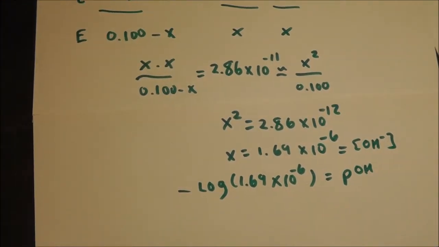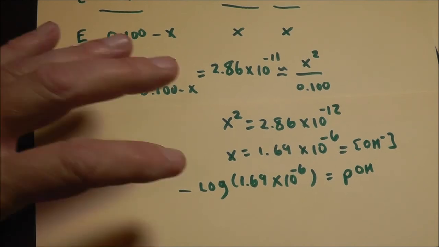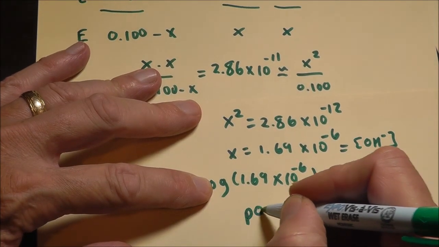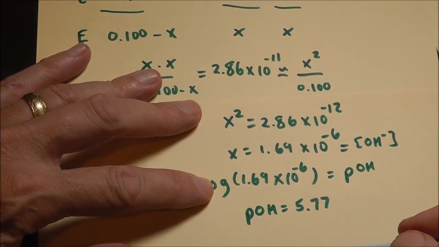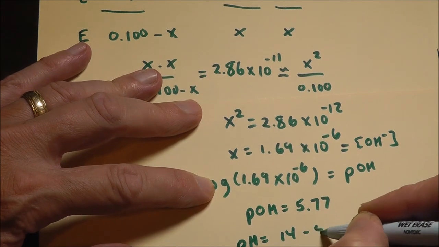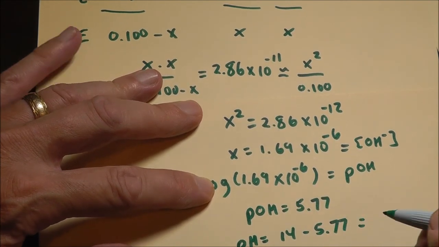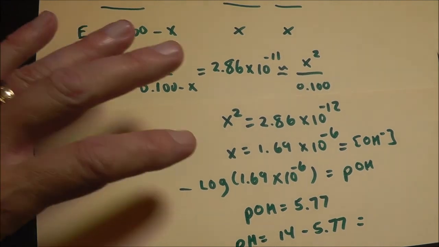When I hit the log button I get minus 5.77, and of course it's minus that. pOH equals 5.77. pH equals 14 minus 5.77, which is 8.23.